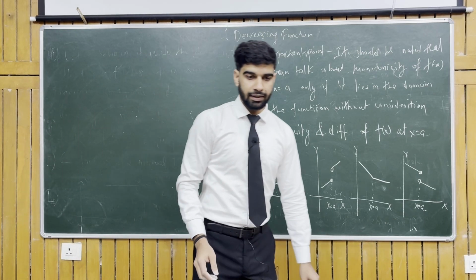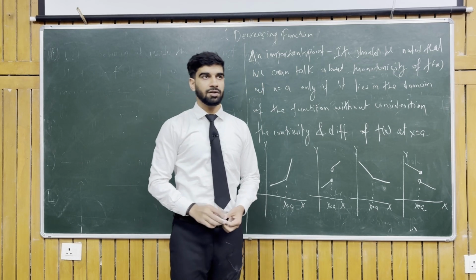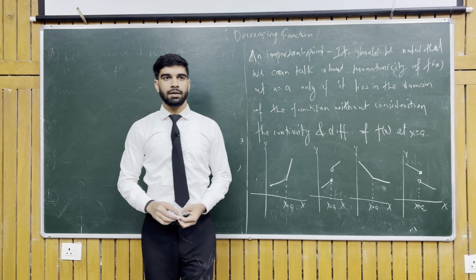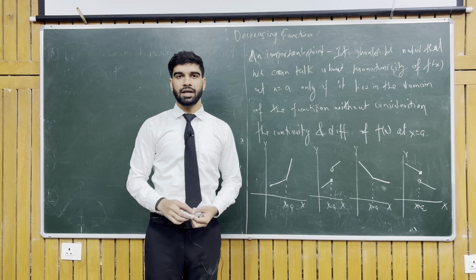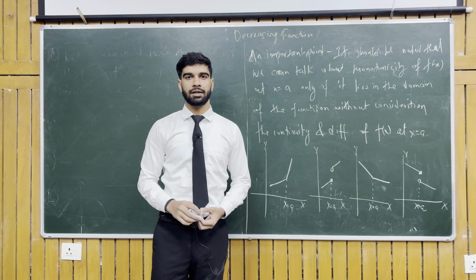Till now we have covered what is an increasing and decreasing function on an interval I, and how we can check whether the function is increasing or decreasing at the point x naught.